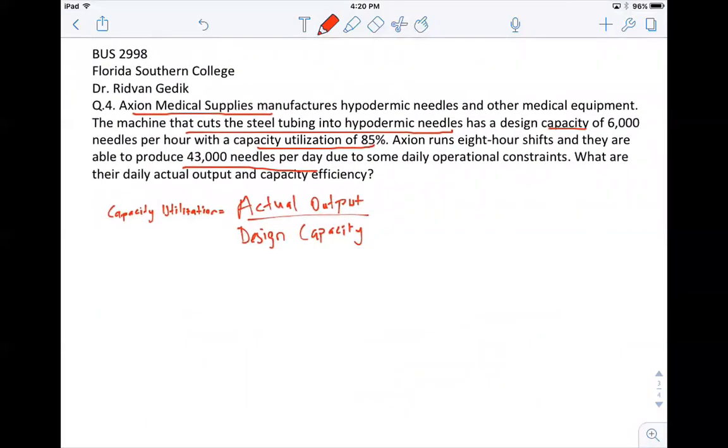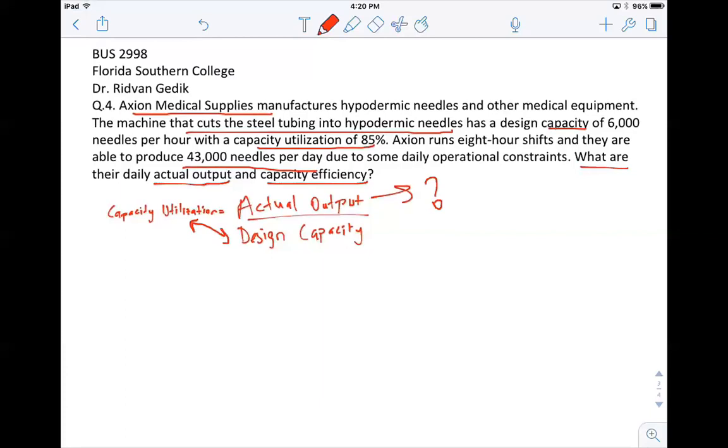Remember the very last sentence asks what their actual daily output and capacity efficiency are. It looks like we do not really know the actual output, so can we calculate it? If we know the capacity utilization, we can multiply it with design capacity to get the actual output. Let's see whether we know the design capacity.